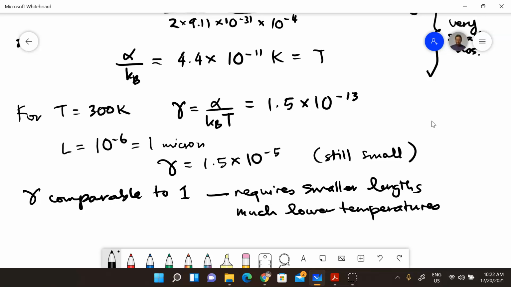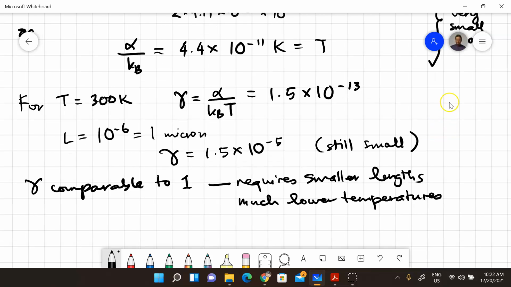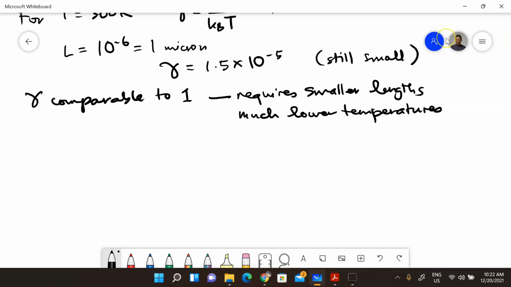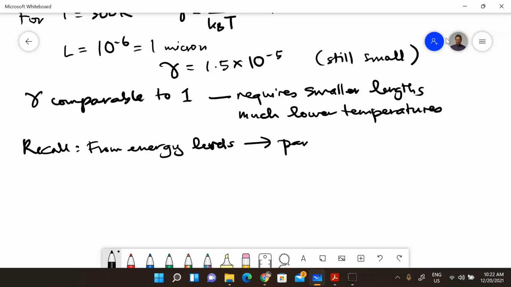So what's the point of all this? The idea is that once you have the energy levels, you need to work out the partition function. From energy levels one can get your partition function.